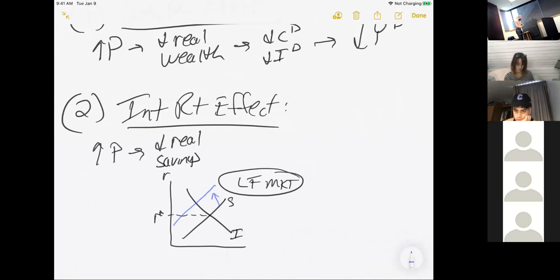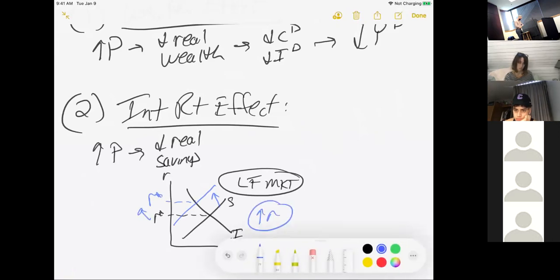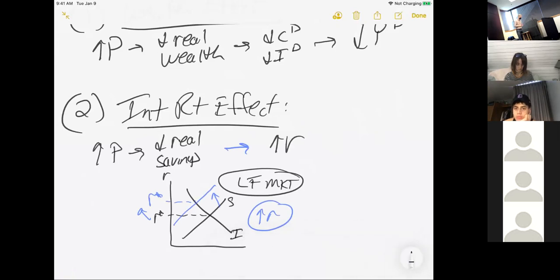Savings shifts this way, and interest rates rise. So interest rates go up when prices go up. Real interest rates go up when prices go up.